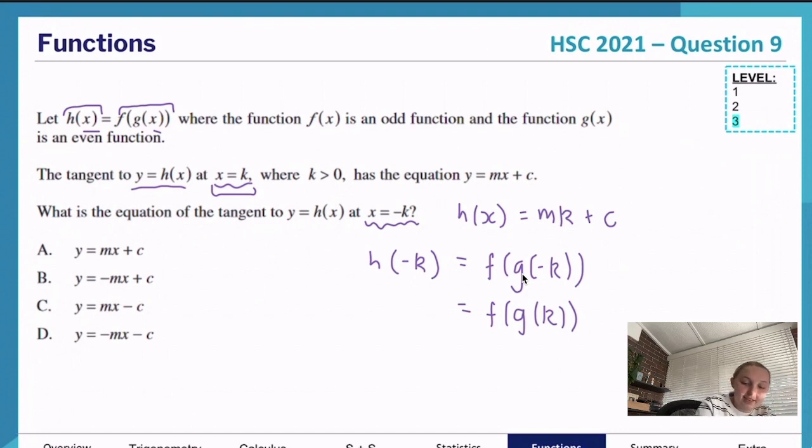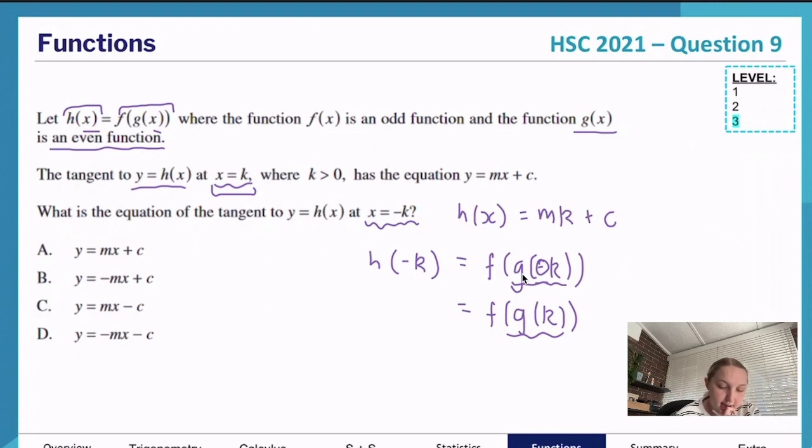Right? Because g(x) is an even function. So this and this, whoops, should have done a bigger line, will be equal to one another. Because if it's an even function, this won't impact our graph. Okay?